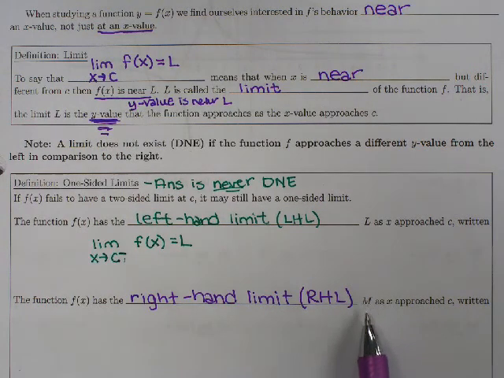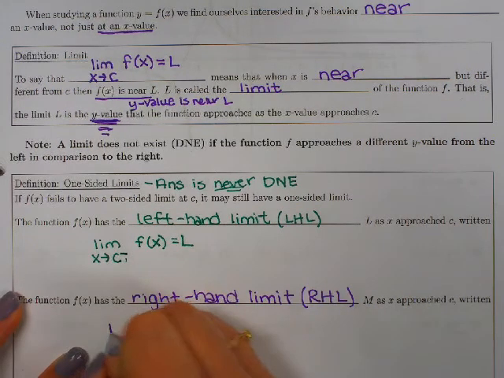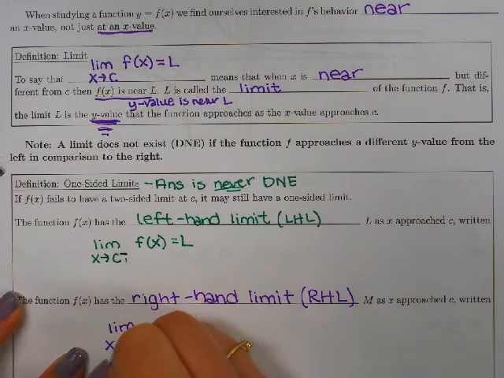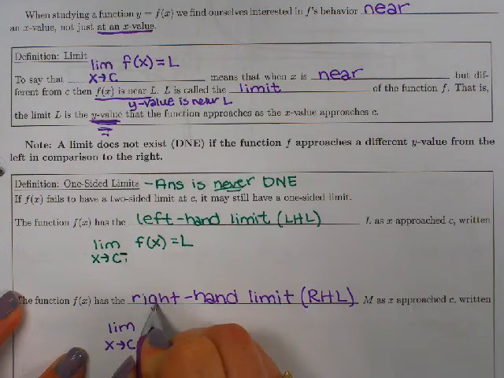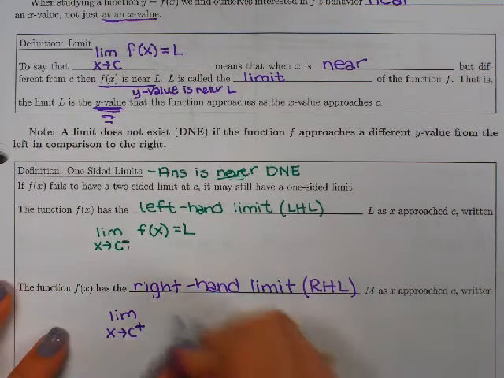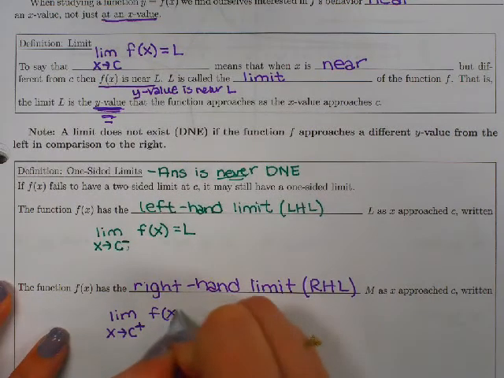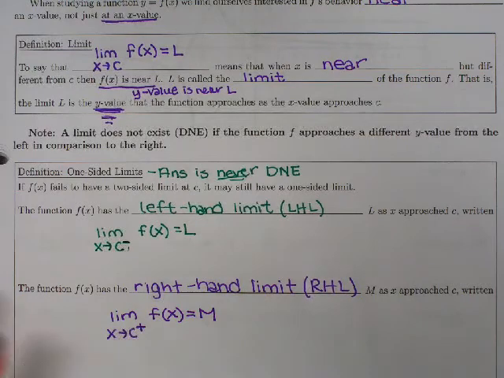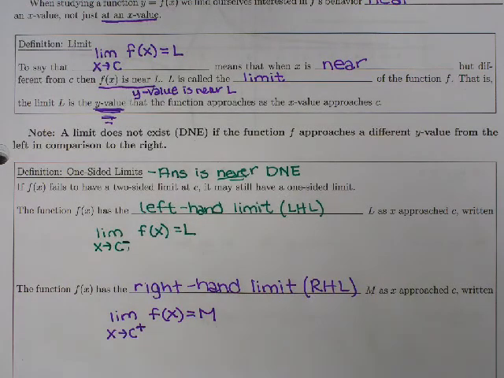So they don't have to be the same number, but they could be. And then the two-sided limit would exist. So it has the right-hand limit M as x approaches c. This is written the limit as x approaches c, and because we're coming from the right side, that's the positive side of the number line. So you have a positive after the c of f of x equals M.